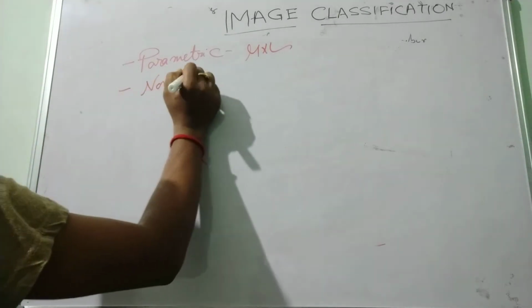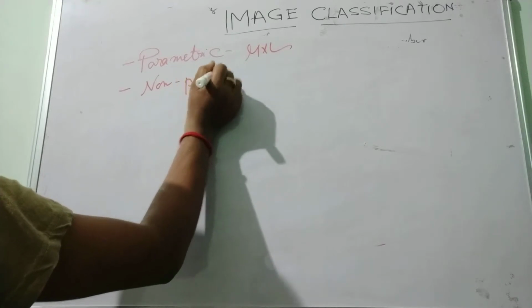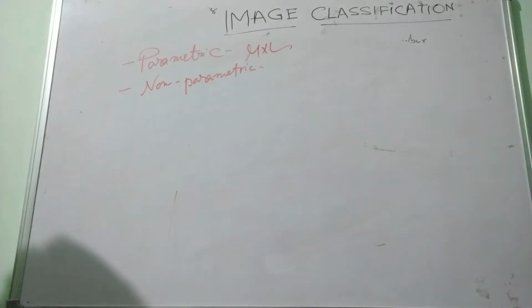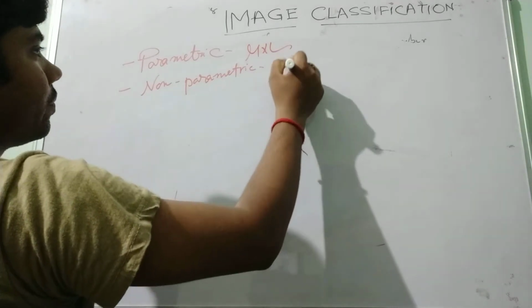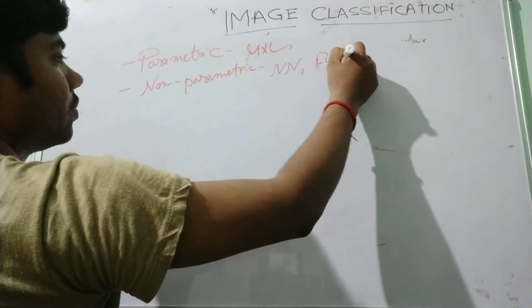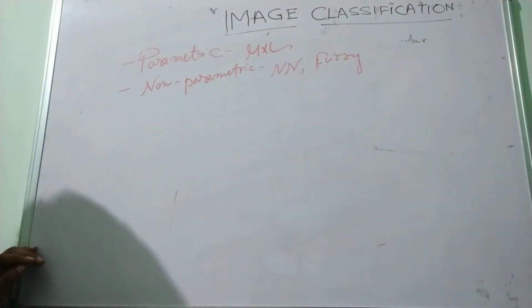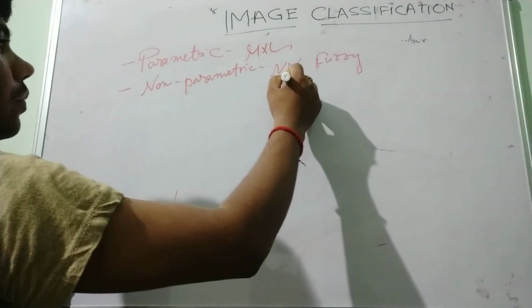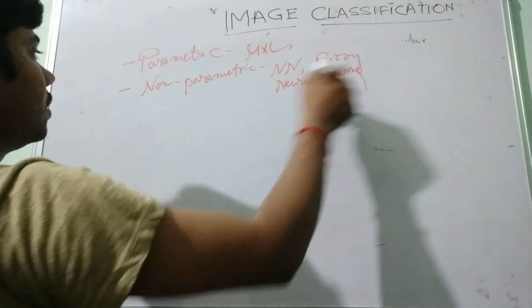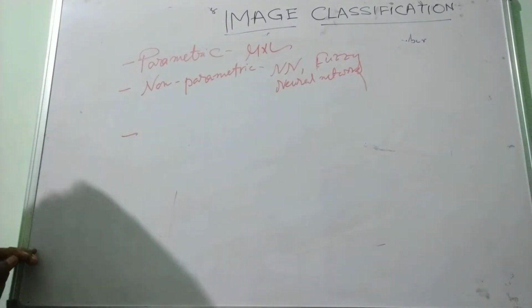Next, it can also be classified as non-parametric. That means there are no prior assumptions required. For example, the nearest neighbor classification, fuzzy, neural network. So these are examples of this non-parametric classification technique.